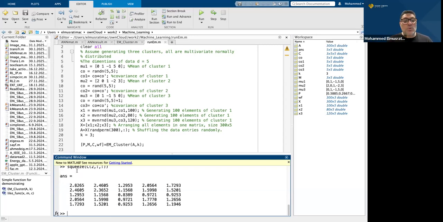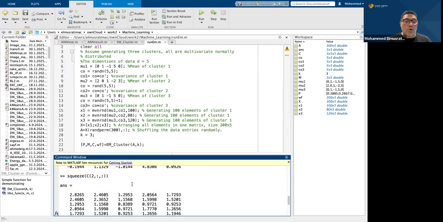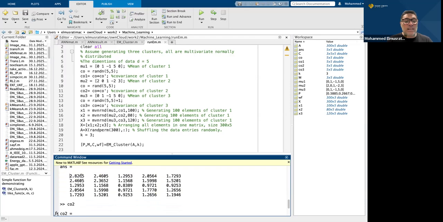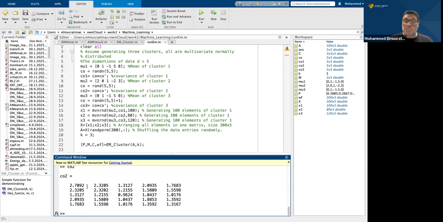So now this will be the covariance matrix, as you can see. I can compare it with the covariance matrix that I generated for the second element, which is CO2. So if I write here CO2, then we can compare both covariances. Here you can see the first element is 2.825, here is 2.7.